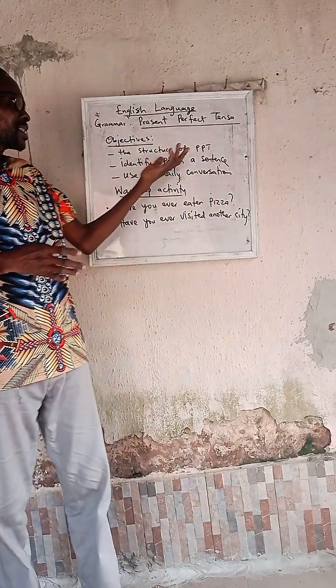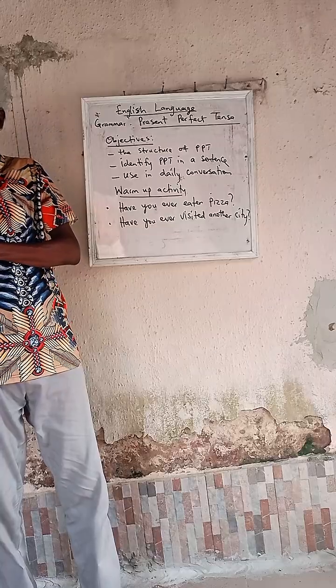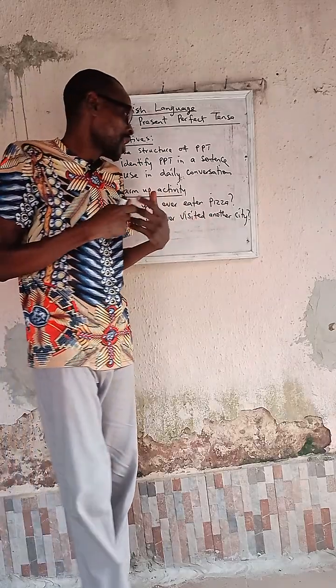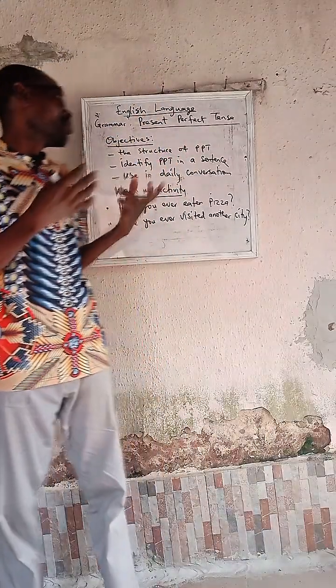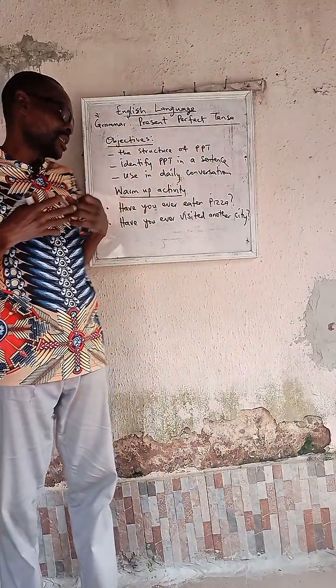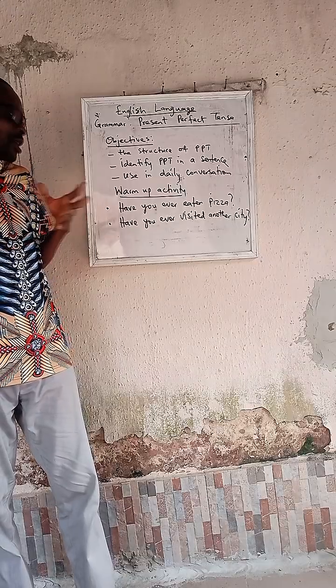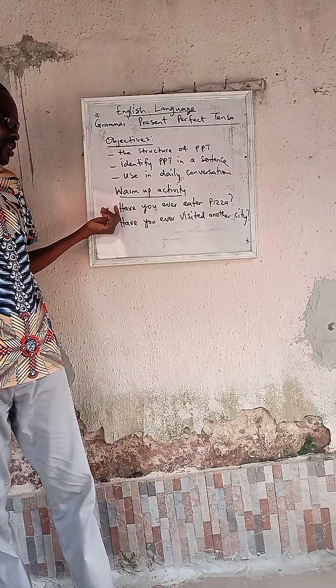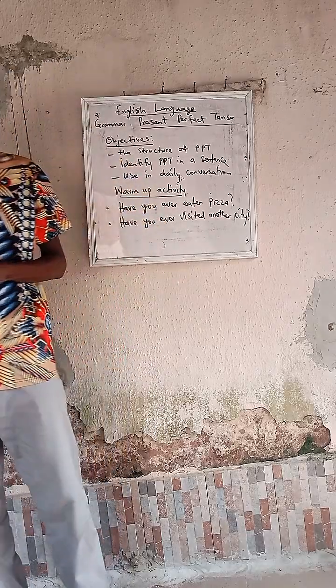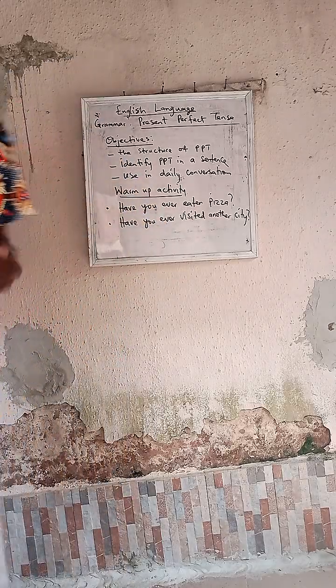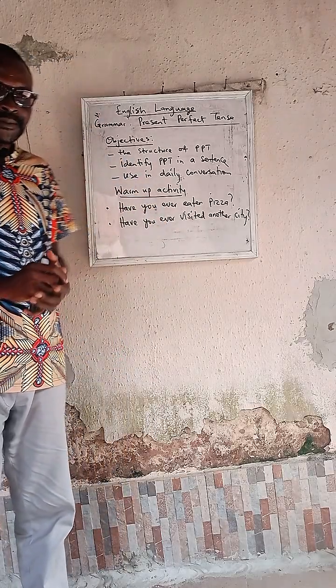So since we know the present form of verb, then when does it become a perfect tense? First and foremost, you should know when to make use of present perfect tense in a sentence, but we're going to consider that later. Before we continue, let's ask this question. Have you ever eaten pizza? Sarah, how do you answer this question?